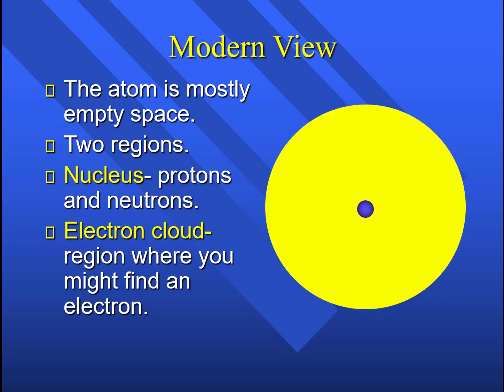Now, you might think that electron cloud was a cloud of electrons, but it's not. And here's how you know it's not. Hydrogen only has one electron, but it has an electron cloud. That electron cloud says where around that nucleus you have a chance of finding that one electron. So electron cloud is about where you have a chance of finding electrons.